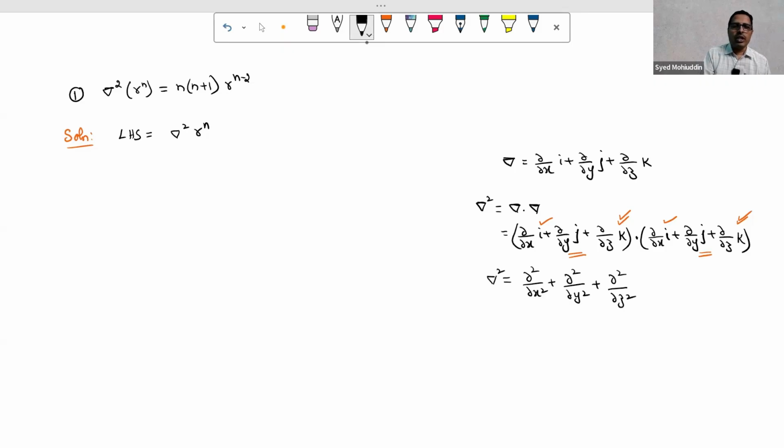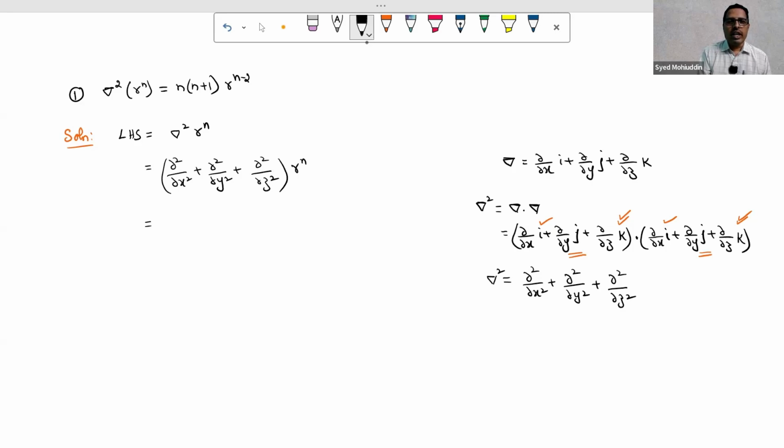Now if you plug this in, del square is nothing but dou square by dou x square plus dou square by dou y square plus dou square by dou z square times of r power of n. But if I apply these partial derivatives x, y, and z and combine that with r power of n, it becomes very lengthy.